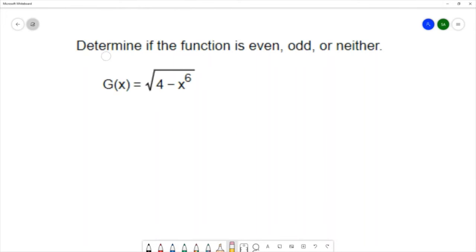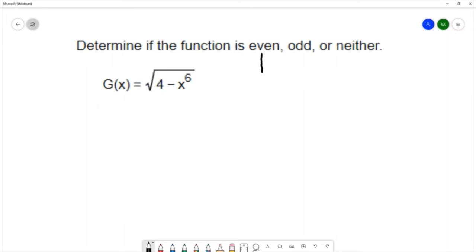This question says determine if the function is even, odd, or neither. Our function is g of x equals square root of 4 minus x to the 6th. When we're determining if a function is even or odd, we should know the definition.